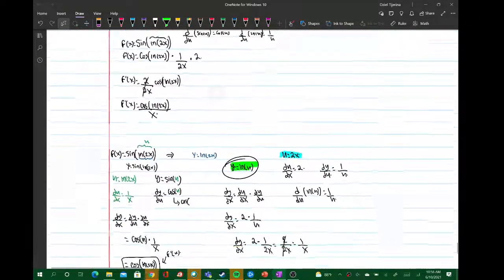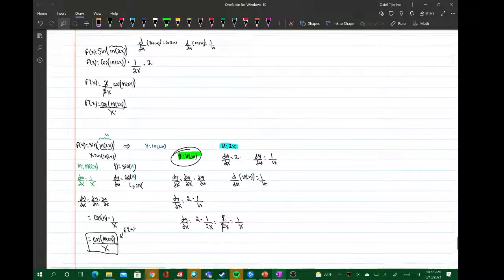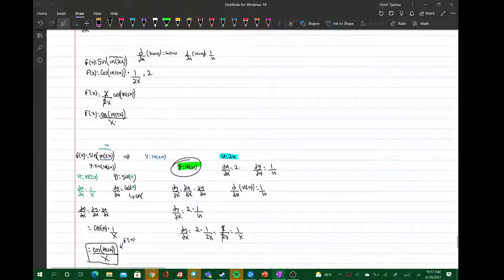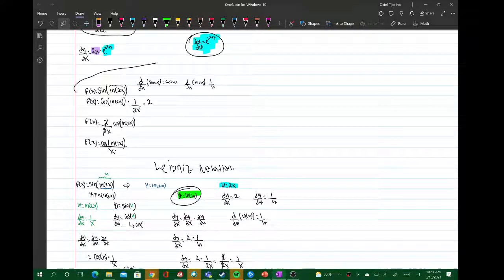Look at the comparison. The way that I did it up here was a little shorter. Over here, we did it using Leibniz notation. And this other one, I don't really know what to call that form, but I just kept taking the derivative going from the outside in, okay? That's how I did it.